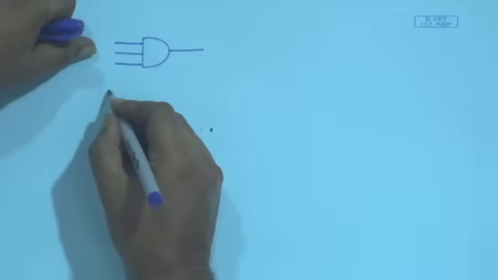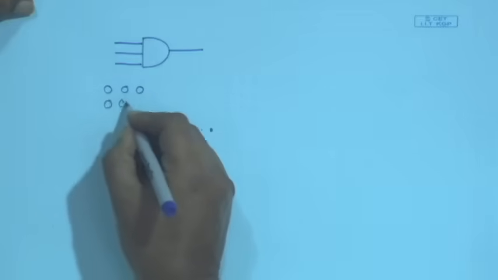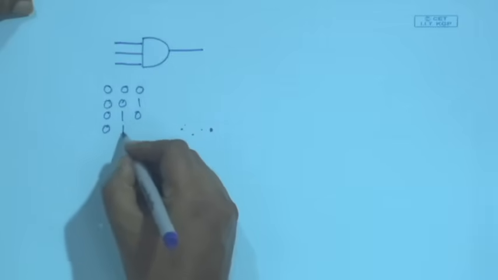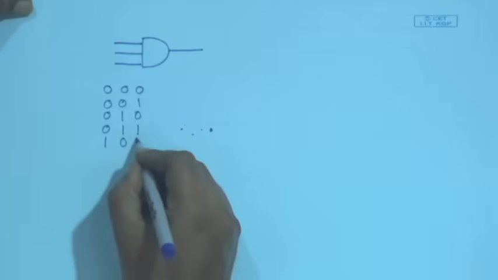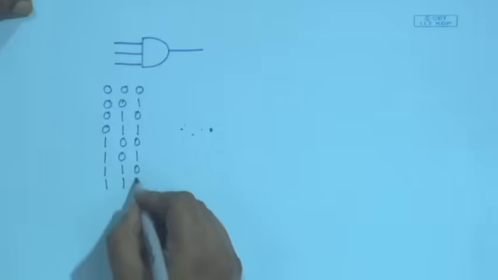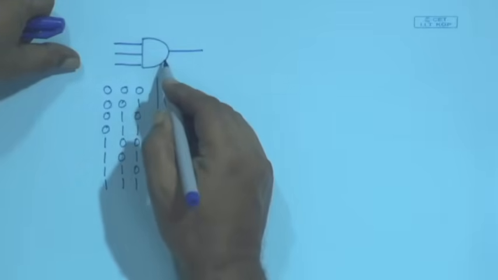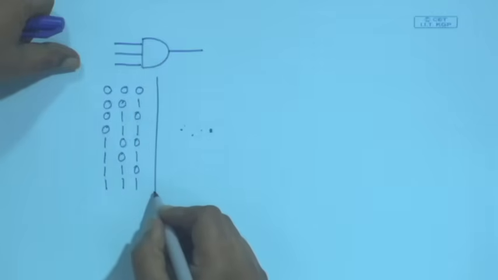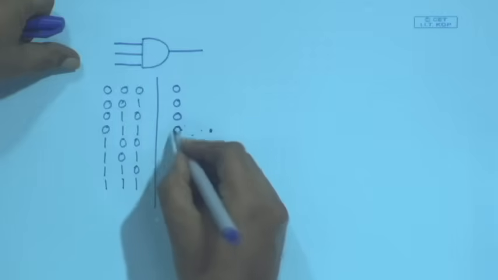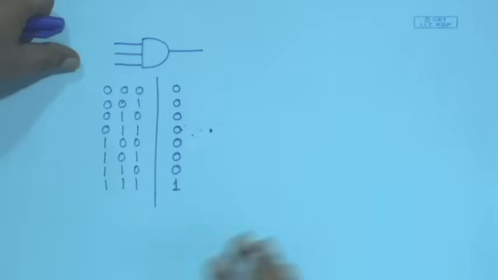So, what is the desired combination? 0 0 0, 0 0 1, 0 1 0, 0 1 1, 1 0 0, 1 0 1, 1 1 0, 1 1 1, and I will have the outputs. It is an AND gate, so only when all the inputs are 1 will it be 1. So, all these will be zeros. This will be 1, right.